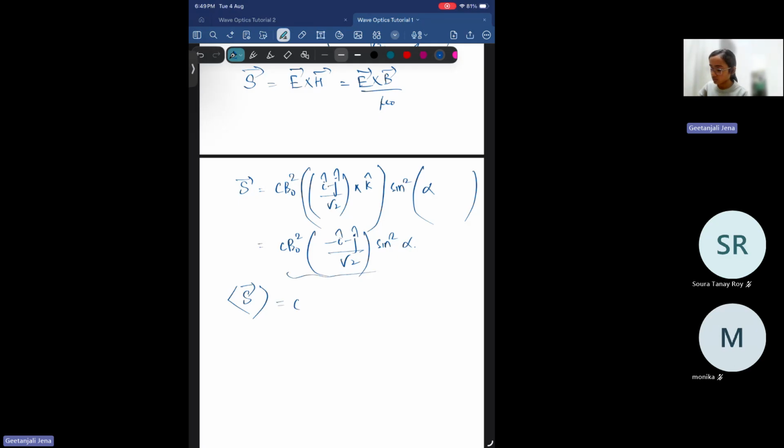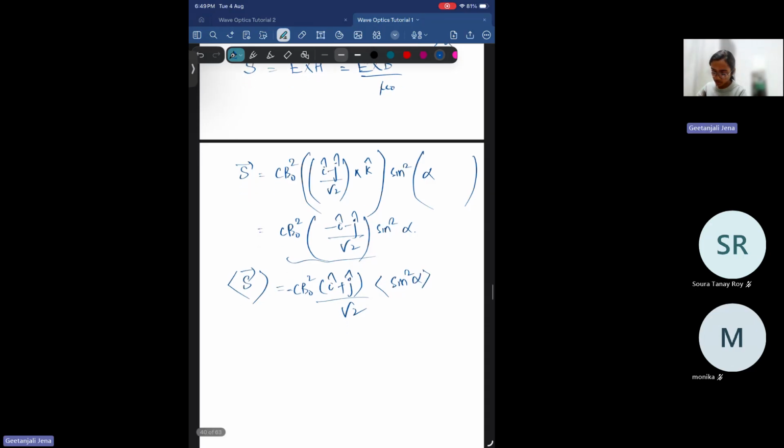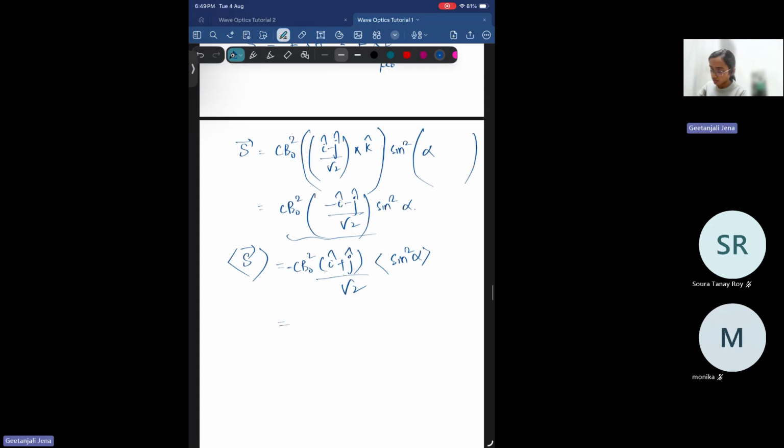These are constants, so they stay outside the average. We have the average of sine square, which is half, right? So this will be C B0 square (i cap j cap) by 2 root 2.